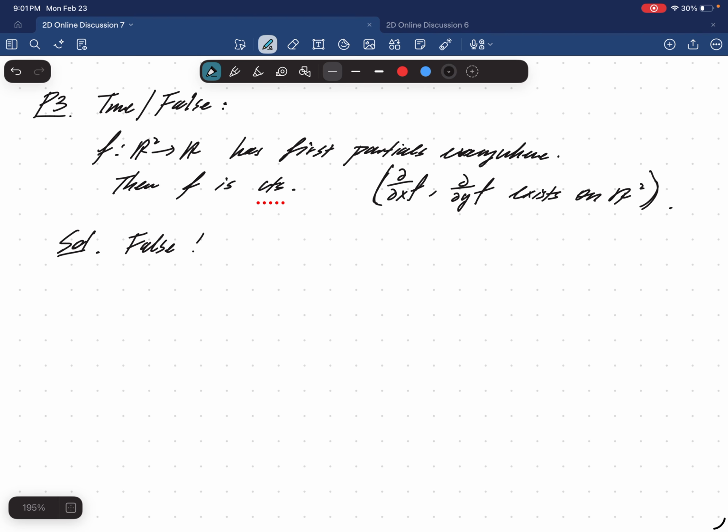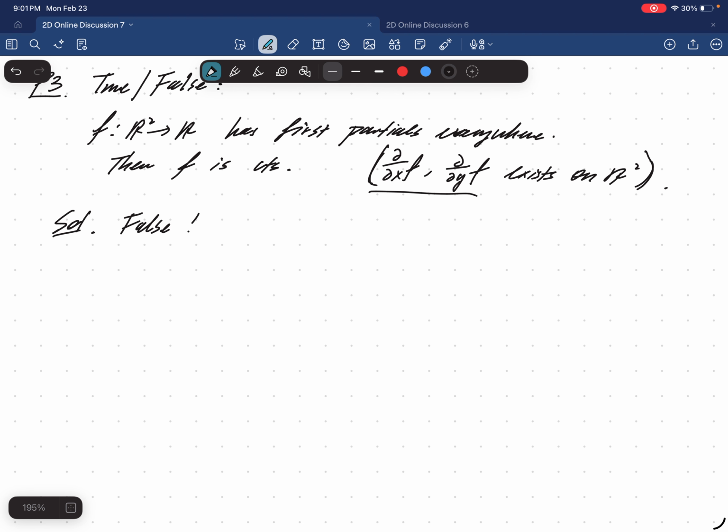So it means that our tried and true statement that differentiability implies continuity is false in two-dimensional cases, whatever this sense of differentiability means. So let's see what a counterexample would be.